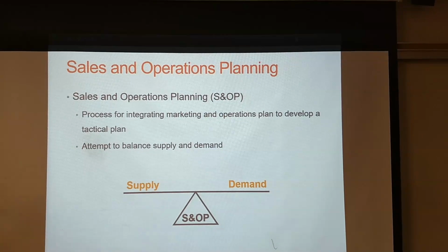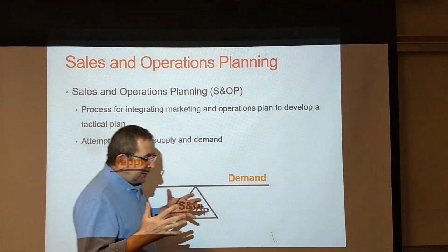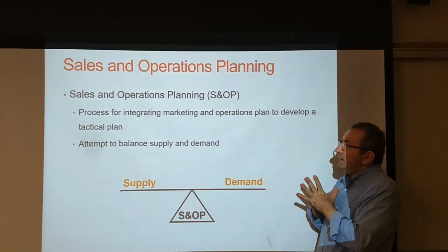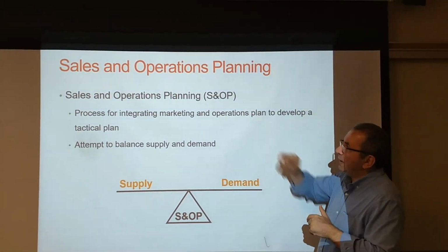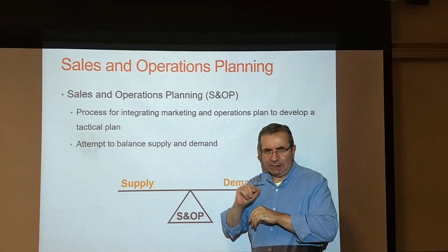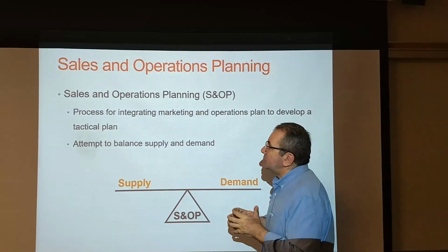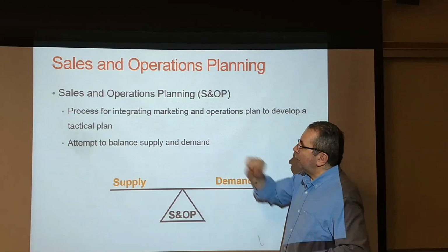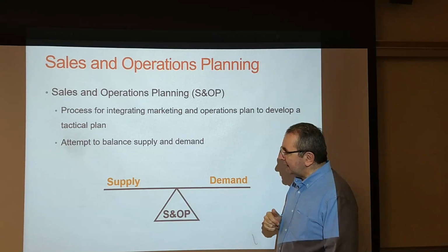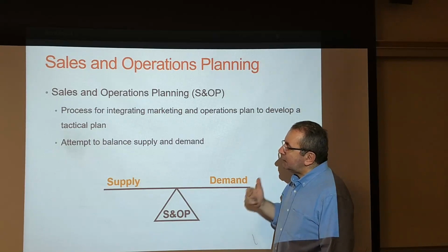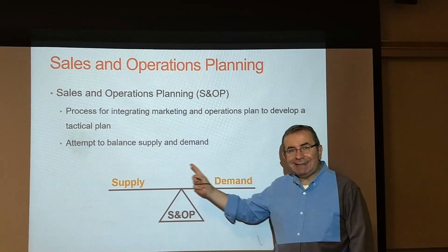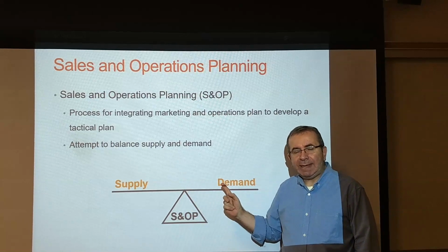So to reconcile different forecasts of different departments, people have developed a process called sales and operations planning, okay? So this is a process for integrating different forecasts, and the goal is to balance supply and demand, okay?